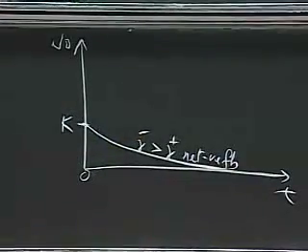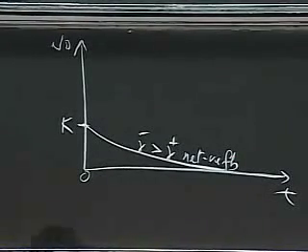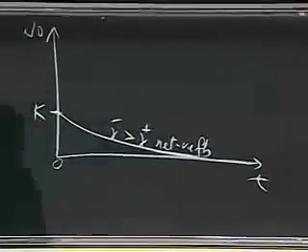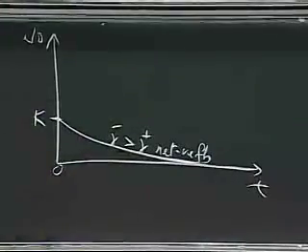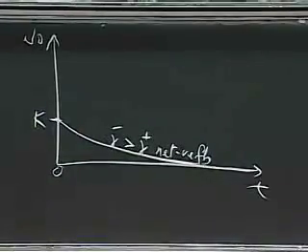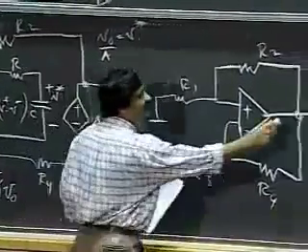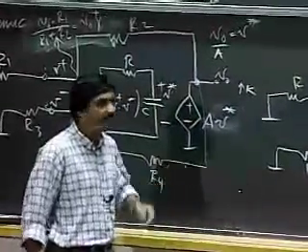So I'm feeding the output back to both the positive and negative inputs, and if my negative input has a stronger effect, then I'm going to see the op-amp output decay down to a value that I expect, which is going to be 0. Notice that since I'm not applying any input here, I expect the stable point for this to be output going to 0. I don't have any input there.